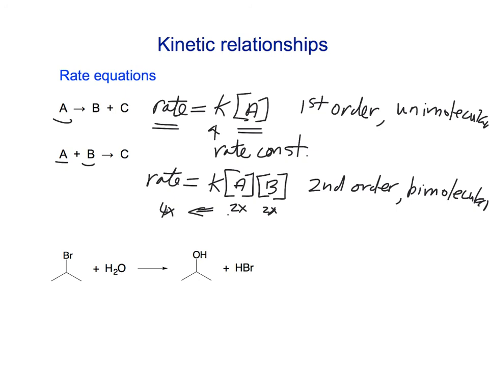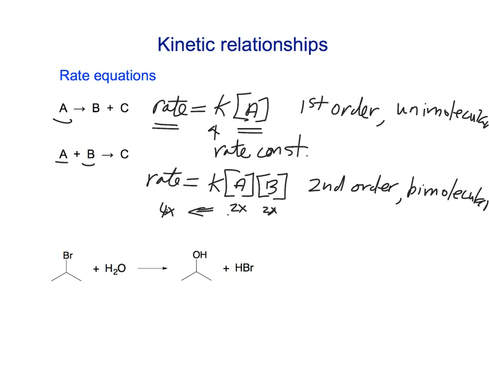Then we would do another series of experiments where we would hold the other reactant's concentration fixed and vary the concentration of the first reactant. And that's the way we would actually determine the rate law.